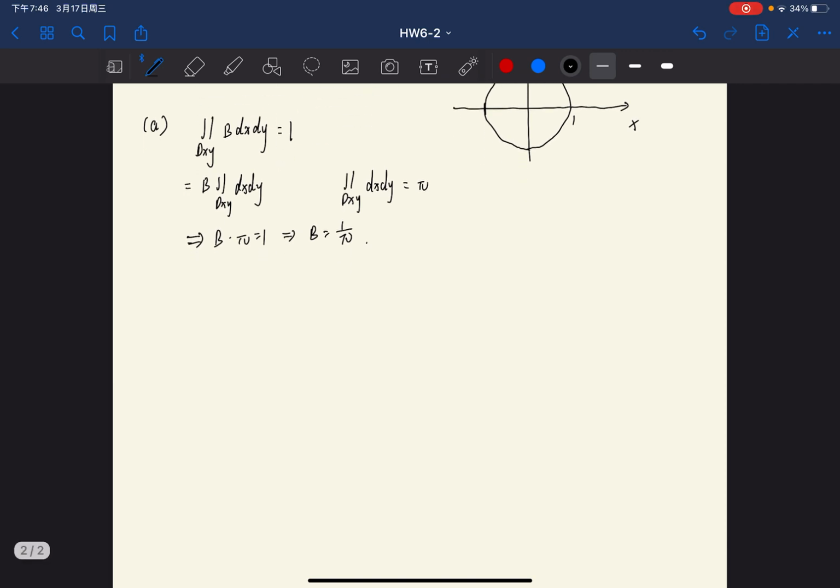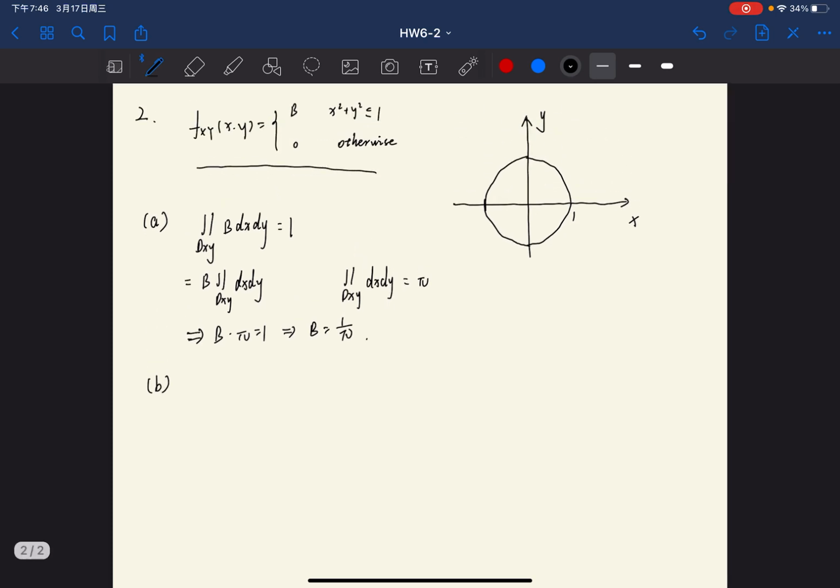In question B, we want to find the expectation. First, we want to find the expectation of x, and using the definition, E[X] equals to the integral from -1 to 1 of x multiplied by the probability density function of x, dx.